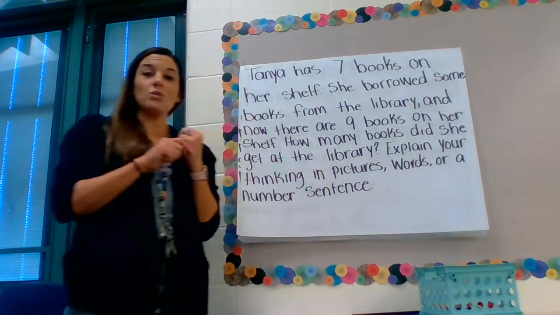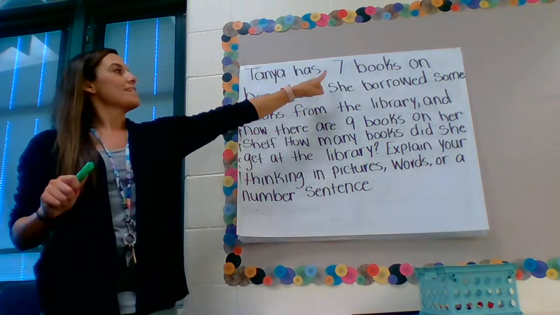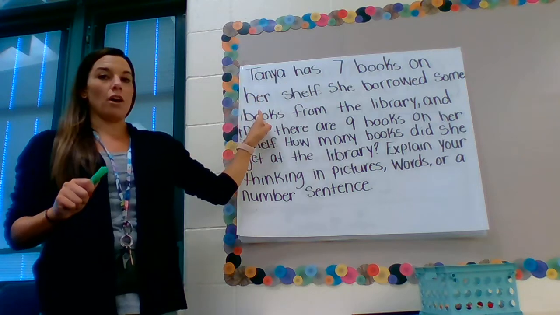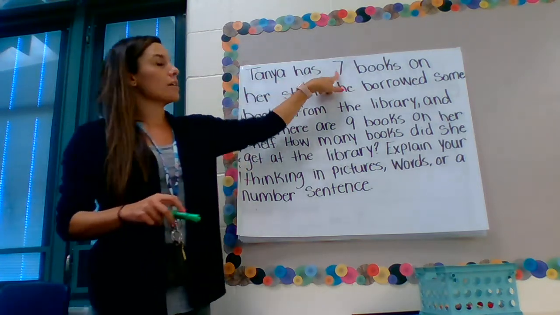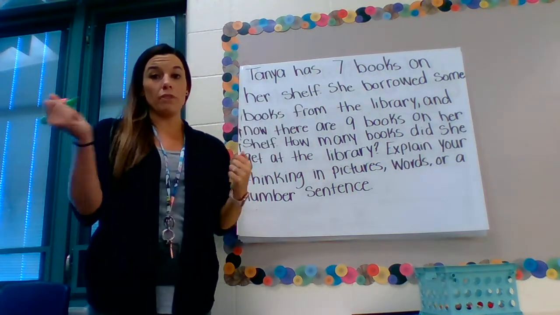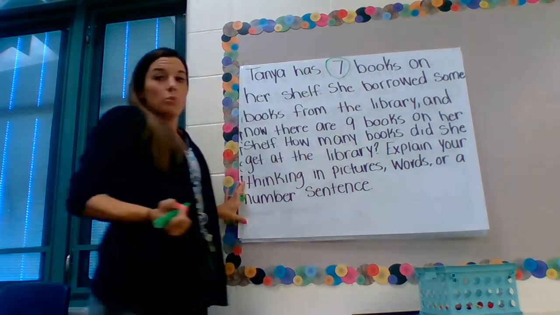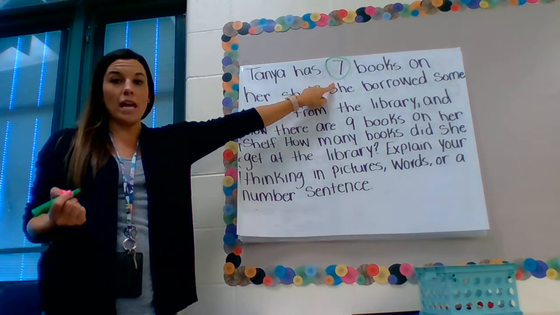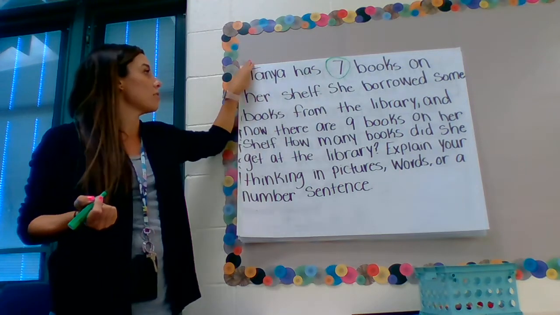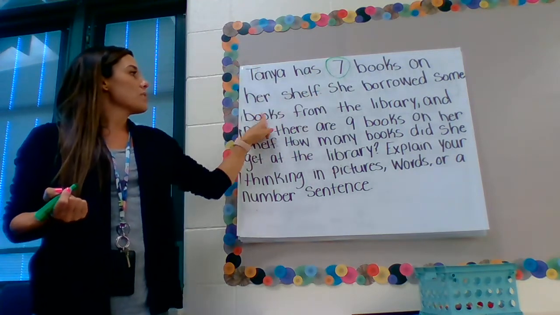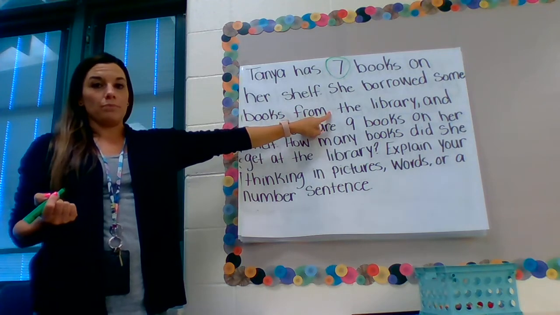So, if you see, Tanya has 7 books on her shelf. Well, obviously our number 7 is pretty important for us to know. She is starting with 7 books, okay? She has 7 already on her shelf. She borrowed some books from the library.